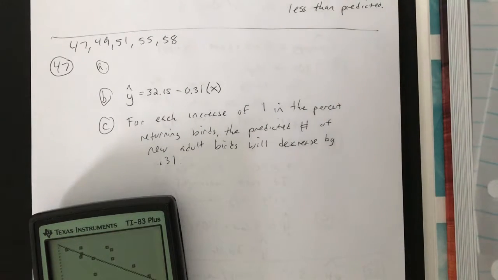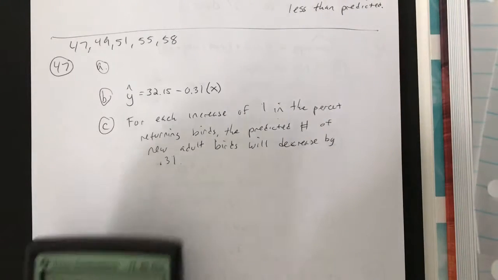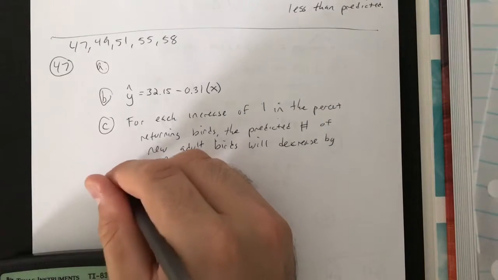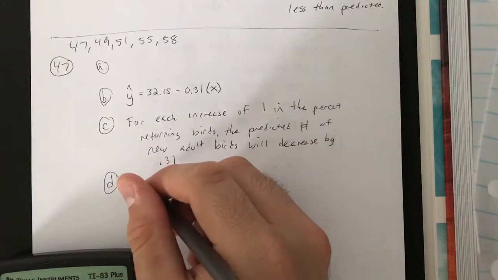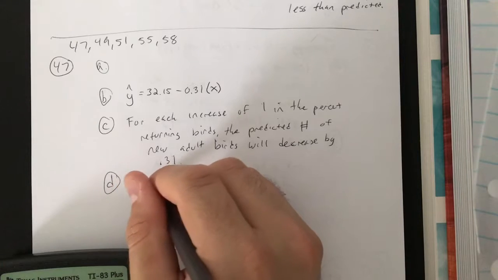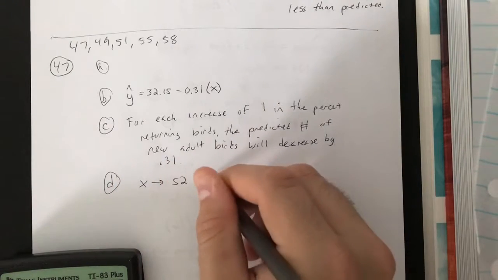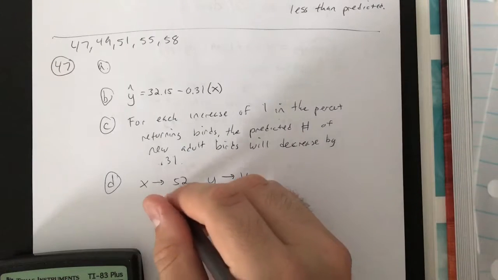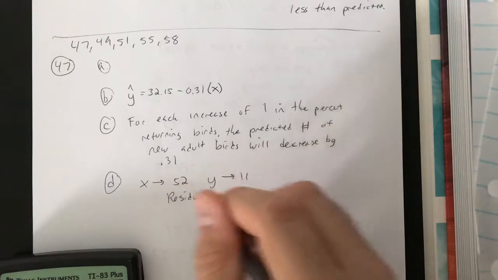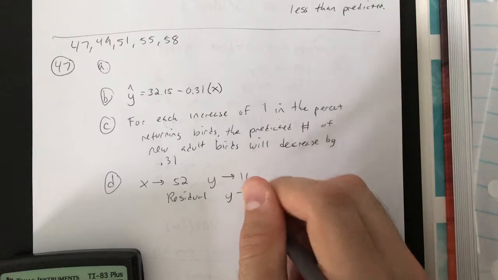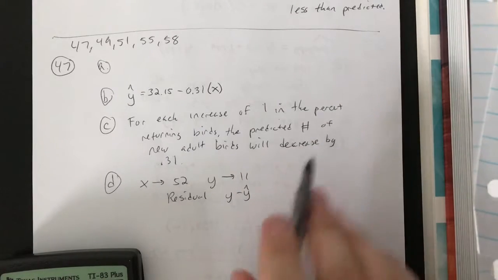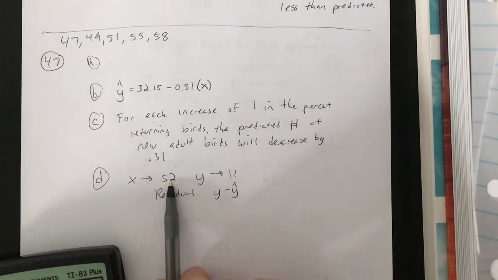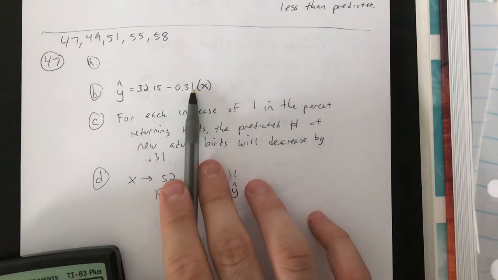D says calculate and interpret the residual for a colony that had 52% of its sparrowhawks return and 11 new adults. So part D, 52% of the sparrowhawks return, so my X is 52, my Y is 11. So the residual, remember, is your Y actual minus Y hat. So we need to figure out what the predicted Y is. So take this value, 52, and plug it into that equation.